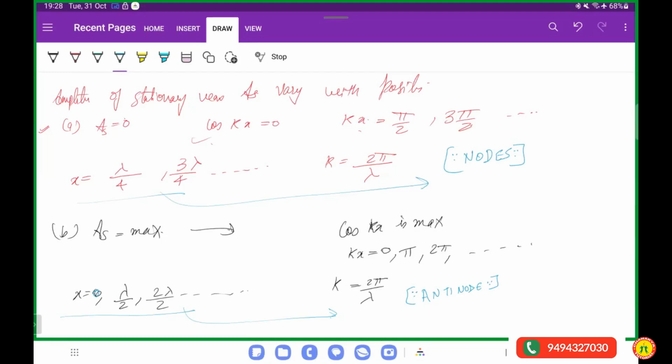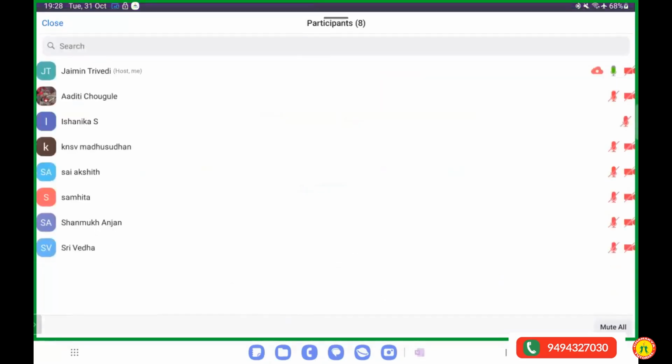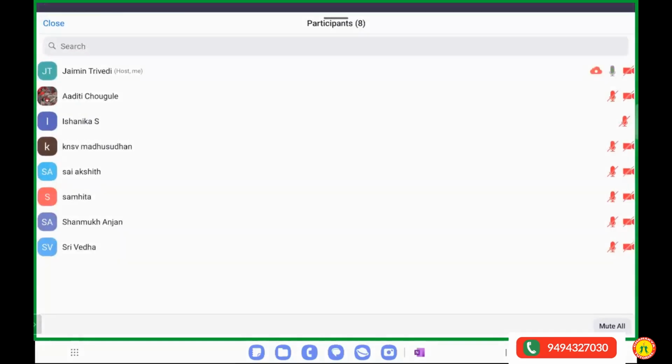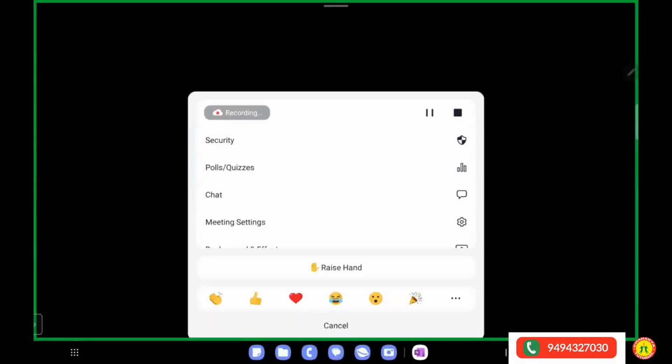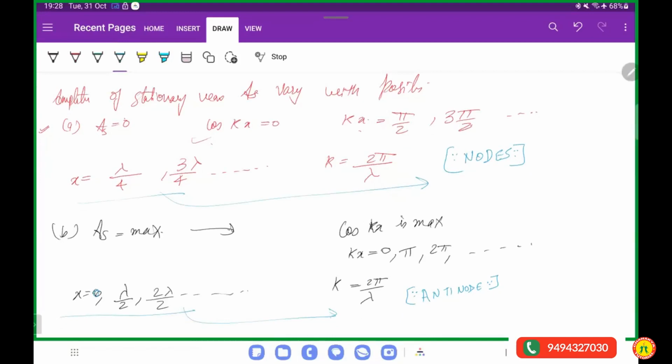Shall I write, or do you want to think about it? Systematic progression, sir. Yes. So the difference of this is lambda by 2. Here also lambda by 2.